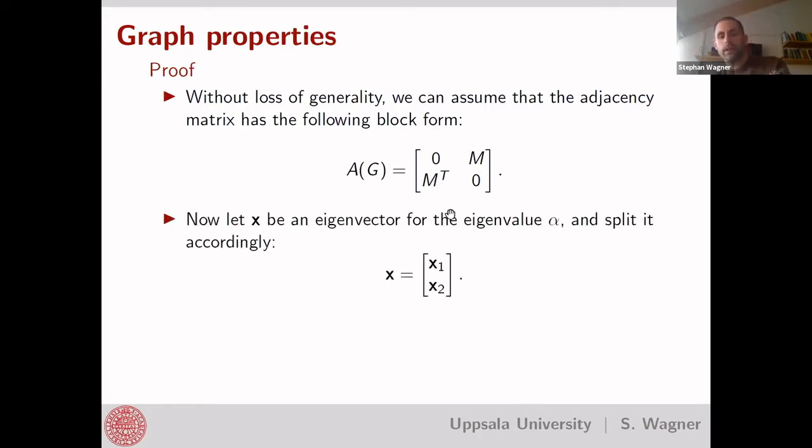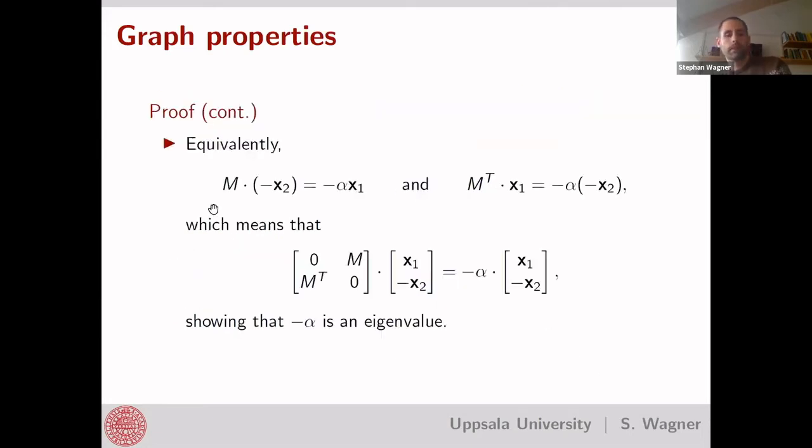Now, if we let x be an eigenvector for some eigenvalue alpha, we can split it into the two parts of the graph. And we have some matrix equations. The eigenvalue equation becomes M times x2 must be equal to alpha times x1, and then M transpose times x1 must be alpha times x2. Then we introduce some minuses here and here.